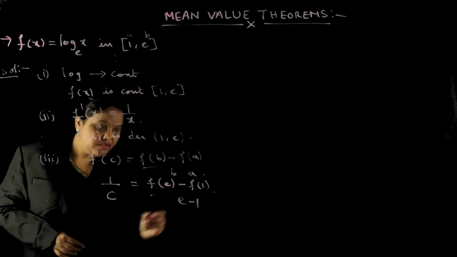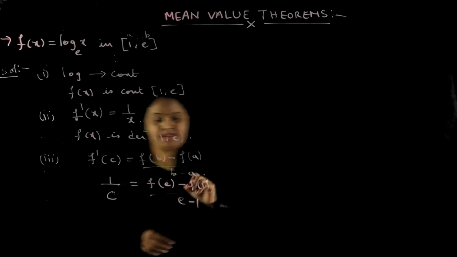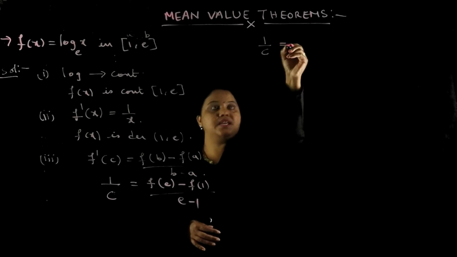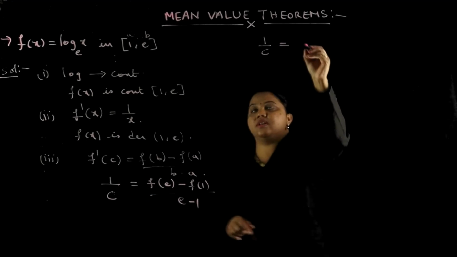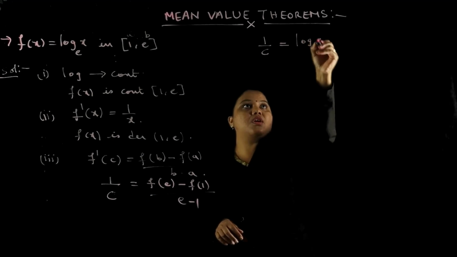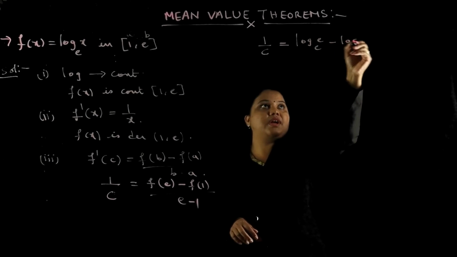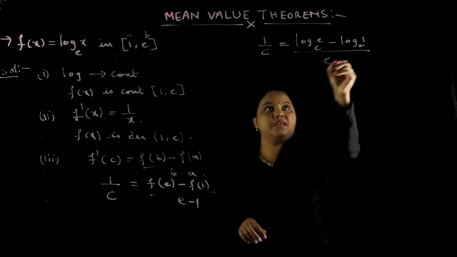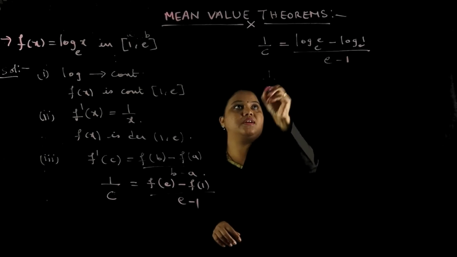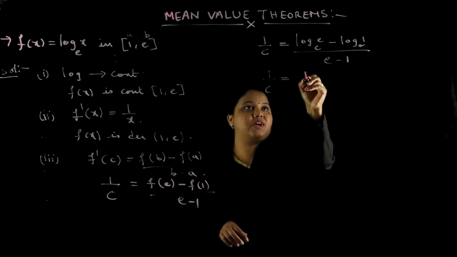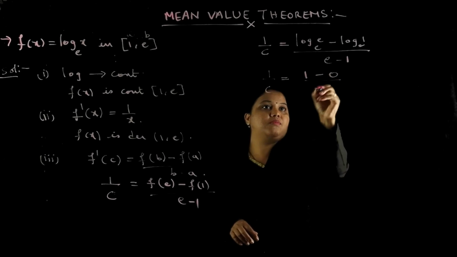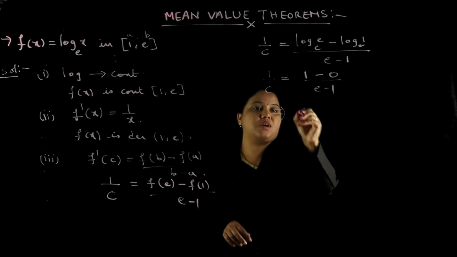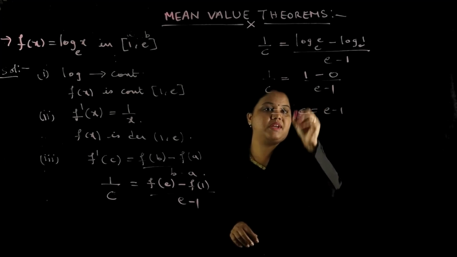So 1 by c is equal to log e base e minus log 1 base e by e minus 1. And we know that log e base e is 1 and log 1 is 0, by e minus 1. Simply we can see, if I bring it to the top, my value of c is e minus 1.